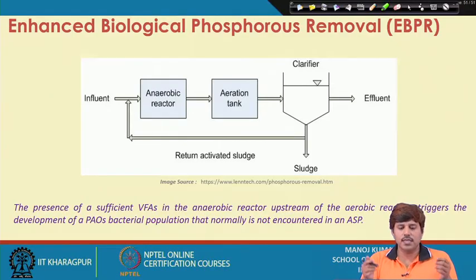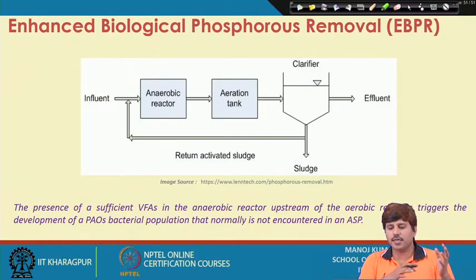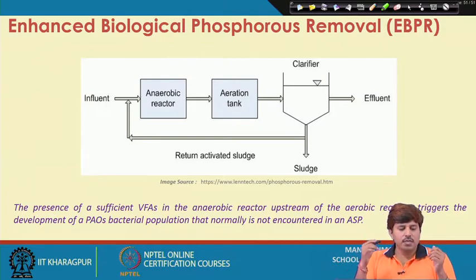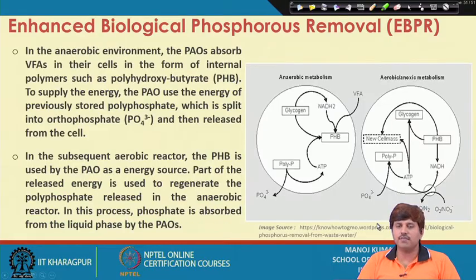There has to be a presence of sufficient VFAs in the anaerobic reactor upstream, from where the flow goes to the aerobic system. These VFAs help in the development of these bacteria, PAOs, because in a conventional activated sludge system they will not develop that much.